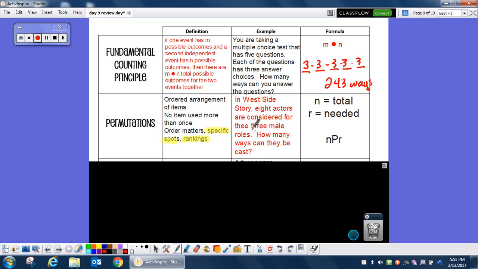Since they have 3 specific roles they have to go to, it's a permutation. N is always the total, the bigger number, and R is the number needed. So you have 8 total actors, permutation of 3, because there are 3 roles, and you would just key this in on your calculator and you would get 336 ways.